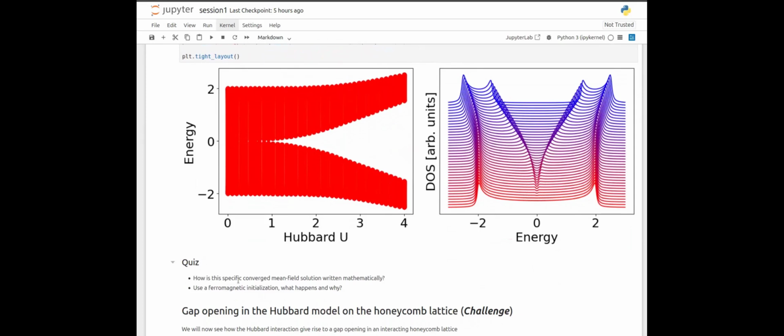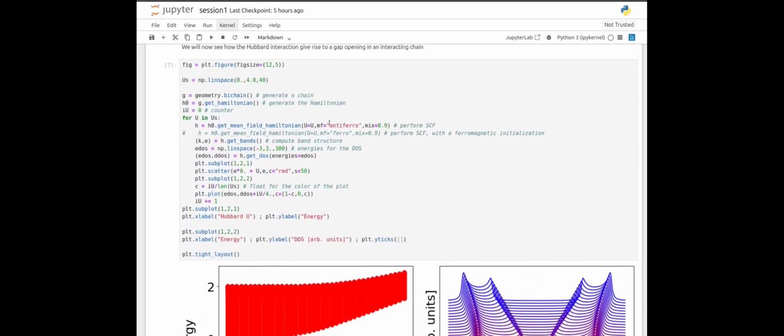Okay, so the first question is, how is this specific converged mean field solution written mathematically? And the whole trick here is that we are using a mean field Hubbard model with an antiferromagnetic interaction. This antiferromagnetic configuration is effectively the low energy configuration, as we discussed before, and it consists of having different exchange couplings on one site and on the other site.